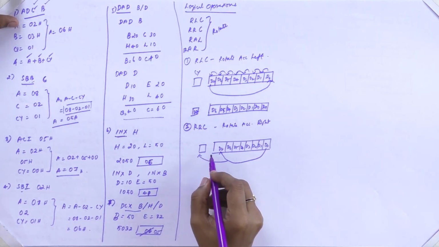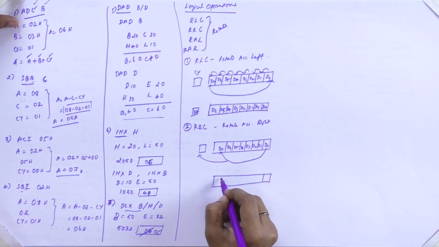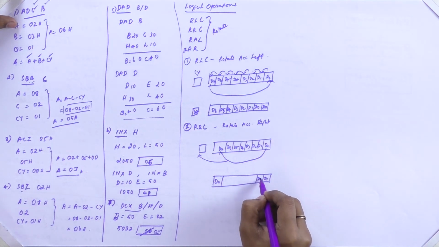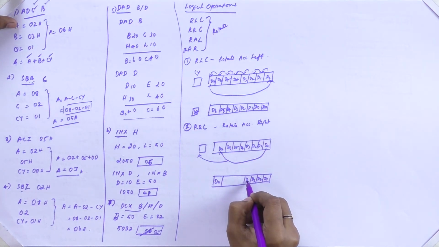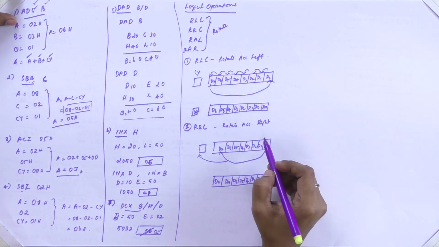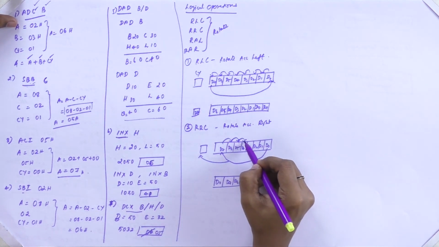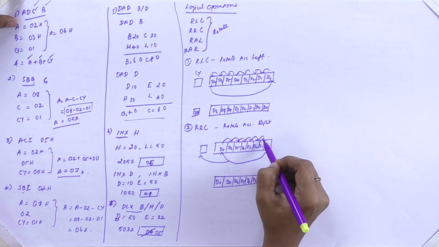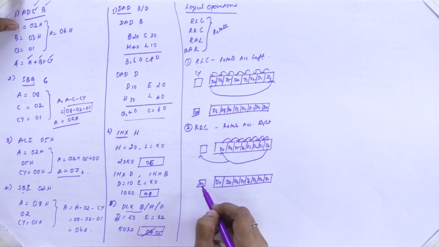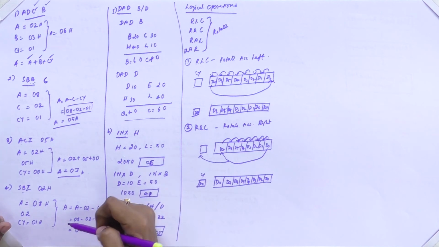So after execution of this instruction, the position of the bits will be D0 will be placed here. Then D1, D2, D3, D4, D5, D6, D7. It means that it will be shifted in this fashion. And the carry flag also contains the D0 bit value. So this is the position of the bits after RRC.